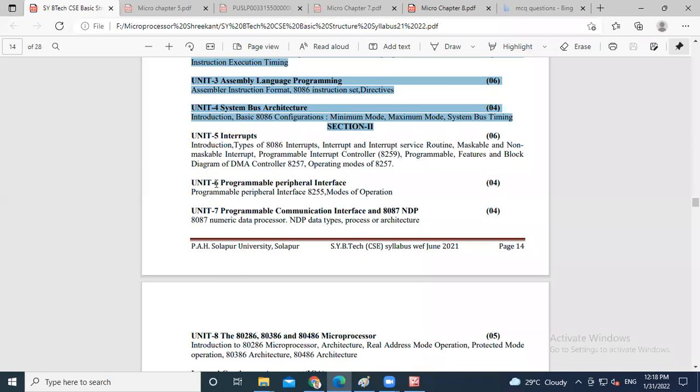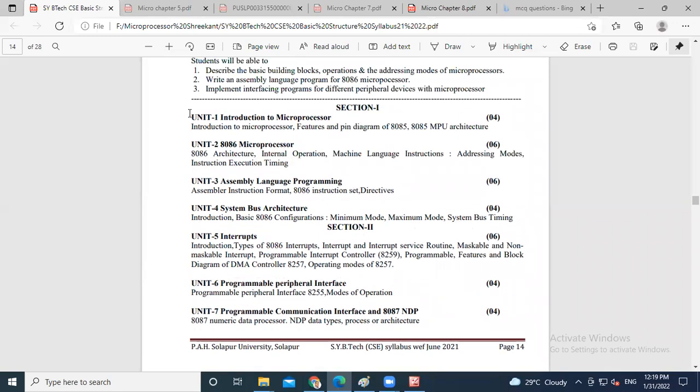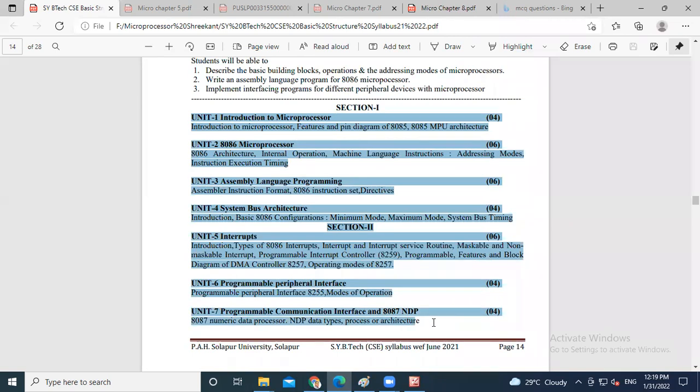Unit number 6 we covered the programmable peripheral interface 8255, and in unit number 7 we covered the NDP 8087, the numeric data processor 8087, in the last lecture. So up to now, units 1 to 7 are covered as per the prescribed syllabus from PH University Sonapur.